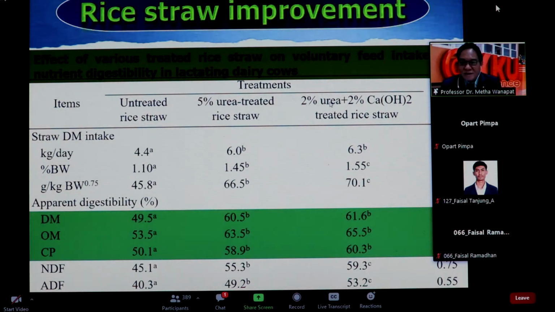You can see that 2% urea and 2% calcium hydroxide can significantly improve the digestibility of the nutrients as compared to the 5%, and the cost was significantly lower than using only 5% urea.